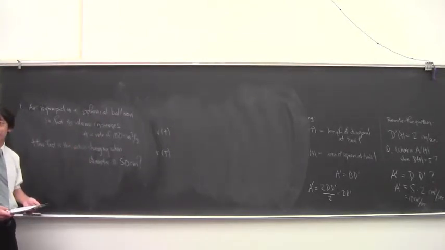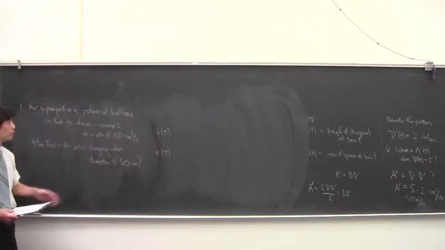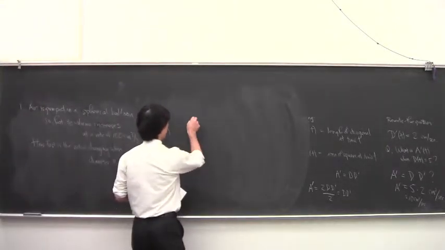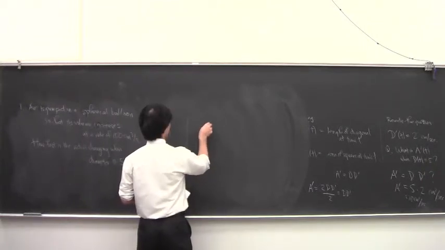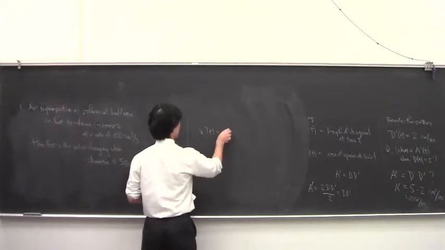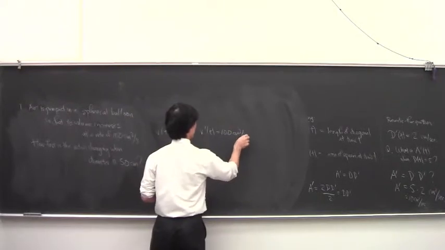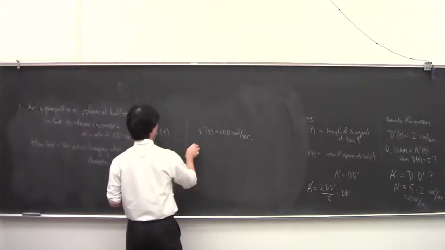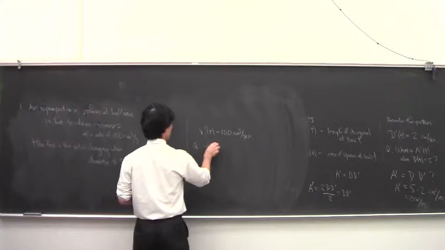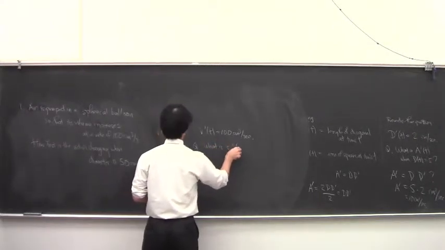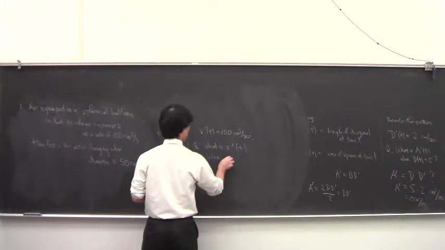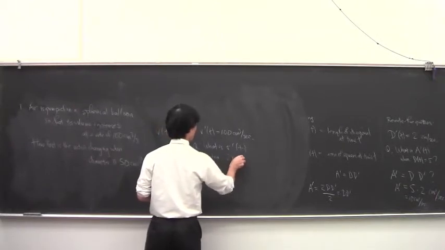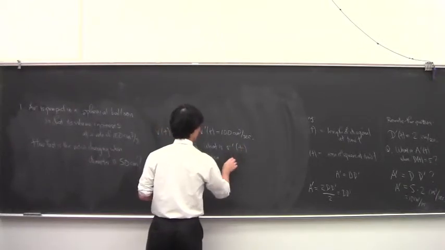Is the rate always 100 centimeters cubed? Yeah. So let's rewrite the question. You know that V prime of t is always 100 centimeters cubed per second, right? And the question is, what is r prime of t when the diameter 2r, so when r equals 25.